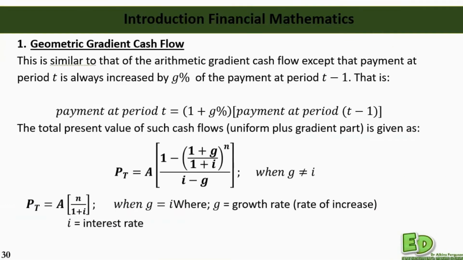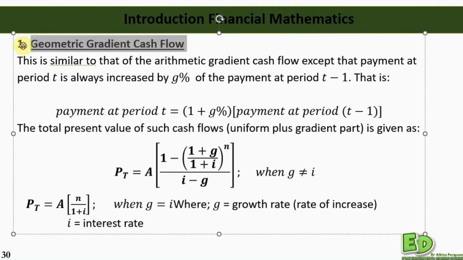Right. The final aspect has to do with the third type of cash flow, which is called the geometric gradient cash flow. Here, you are receiving an amount, but that amount is increasing by a percentage. This is similar to the arithmetic gradient cash flow, except that the payment at period T is always increased by G%, the growth rate.